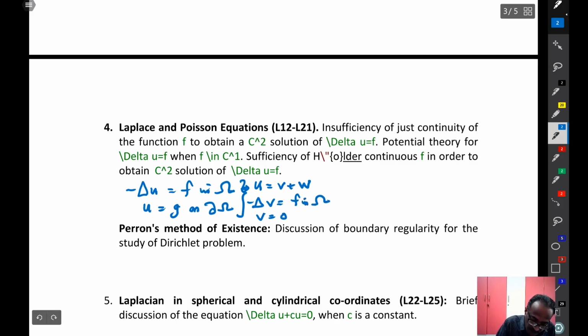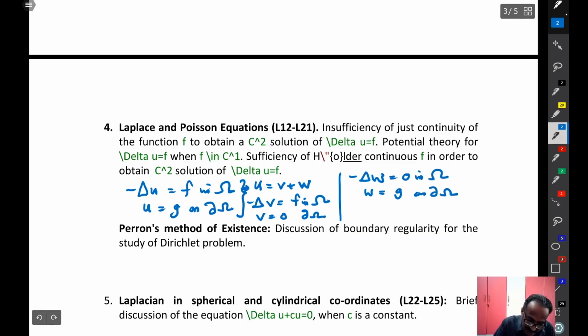So you have a non-homogeneous equation with a homogeneous boundary condition, and then the other, w, will satisfy minus Laplacian w equal to 0. So this is a homogeneous equation with non-homogeneous data on the boundary of omega.